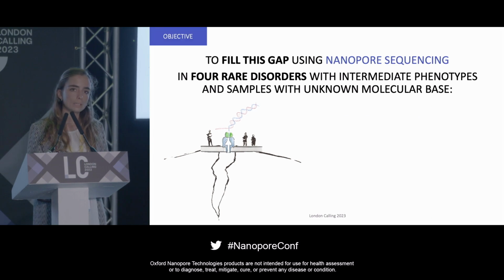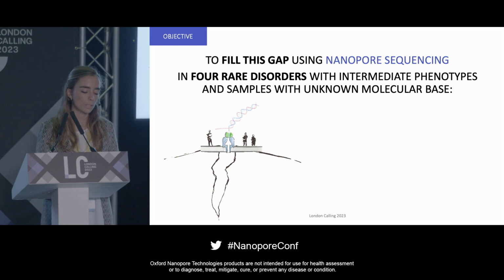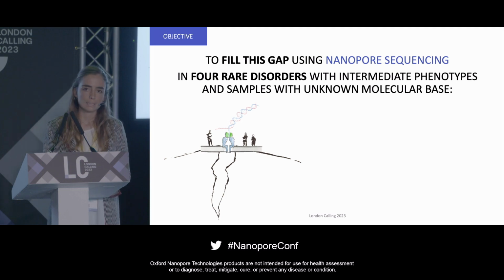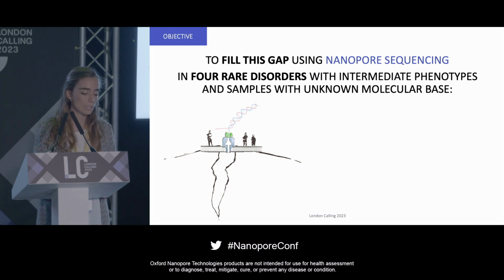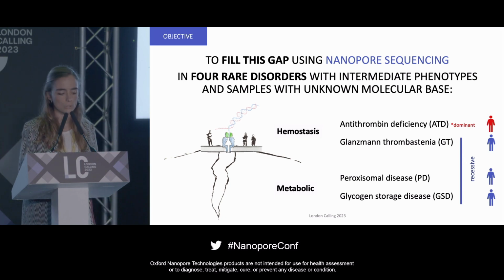With this introduction, the objective of our study was to use nanopore sequencing technology to try to fill this gap. For that, we studied 4 different rare disorders with intermediate phenotypes and samples with no molecular basis, as a proof of concept of the usefulness of this technology in rare diseases. We analyzed 2 different groups of rare disorders.